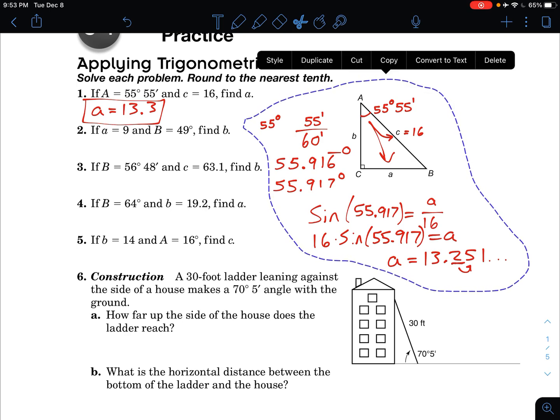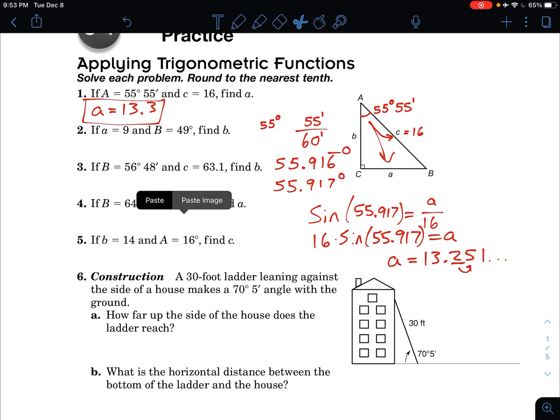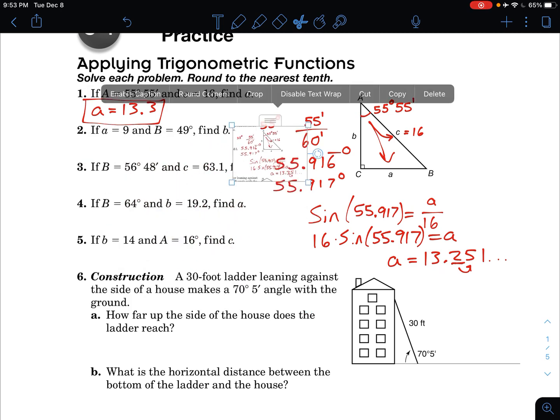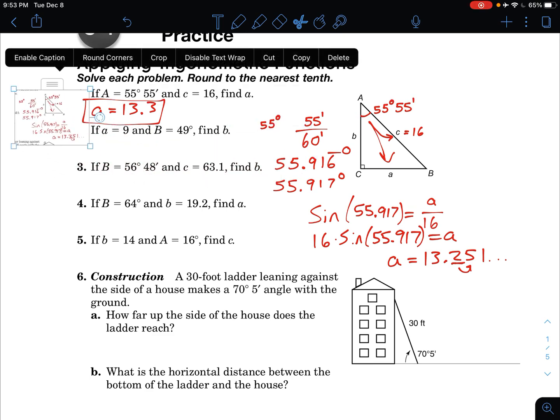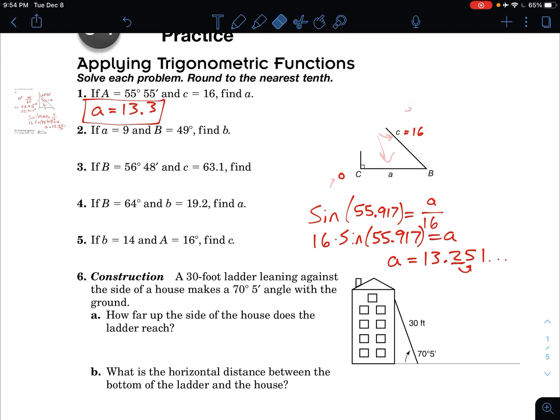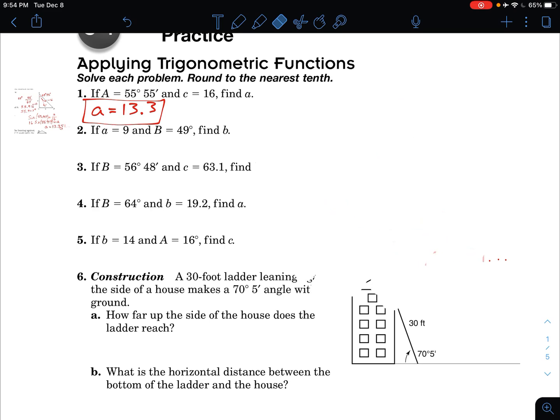See if I can paste an image of that. Yeah, pretty good. We'll leave this over here on the side in case you want to look at that in the notes afterwards. Alright, so we'll get rid of that and plug in our new numbers.